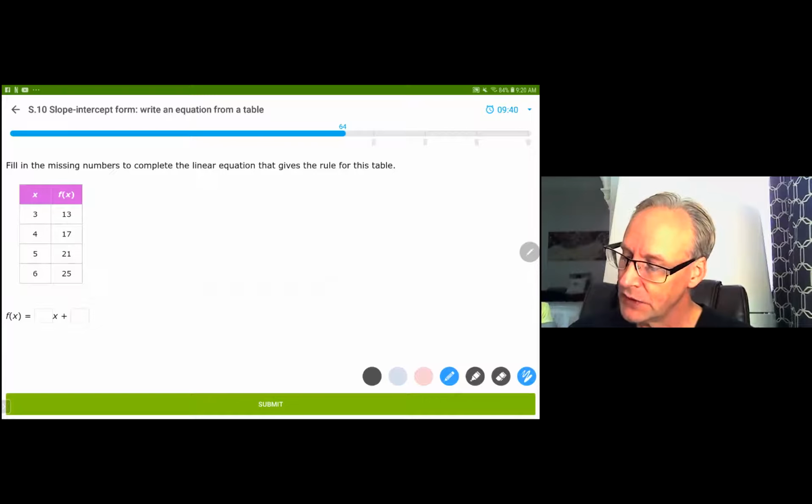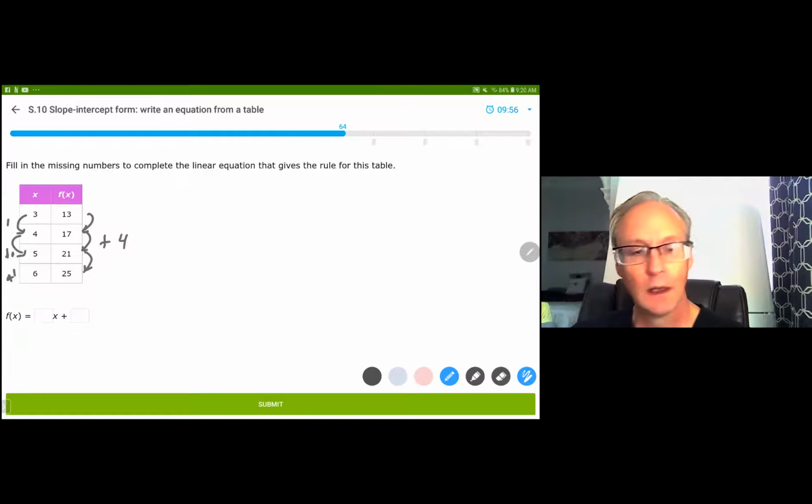Okay, this time we're going up 4. We went up 4. We went up 4. And we went up 1 in each case. We went up 1. Sorry, it's a plus 1. Can't see it very well. Plus, I said plus 1. And there we go. For the x's. So we're looking at a slope of 4 over 1 or just simply 4. So we know that it's going to be 4x.